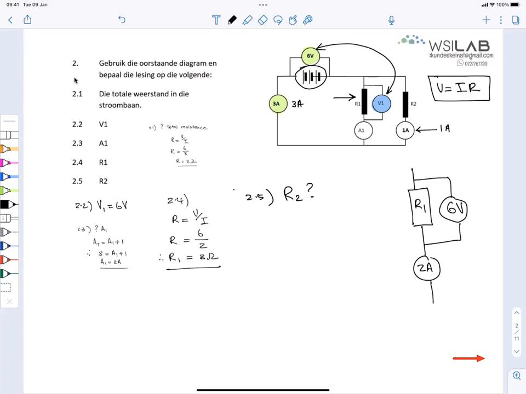Then I want the answer. There's 2 ways of doing it. I'll show you both. But the easiest way is to put your own voltmeter over. I showed you last time to put your own ghost voltmeter. So you put a voltmeter there, you call it VR2. Put your own voltmeter there, give me that reading, and you have the amps. So it's very easy.